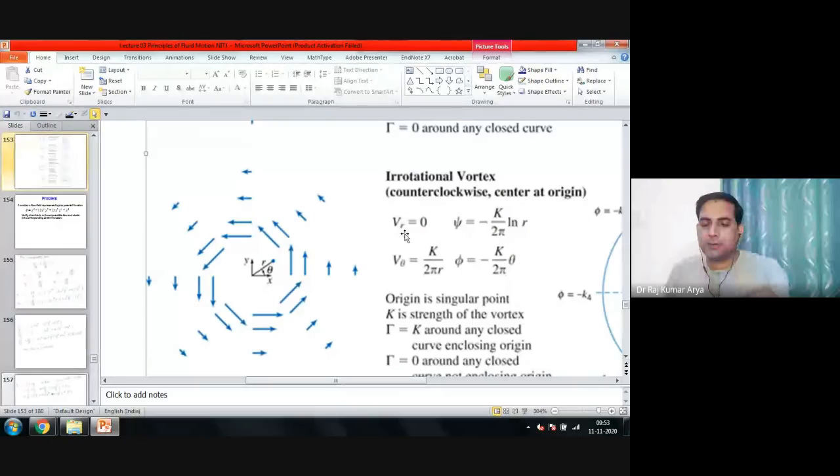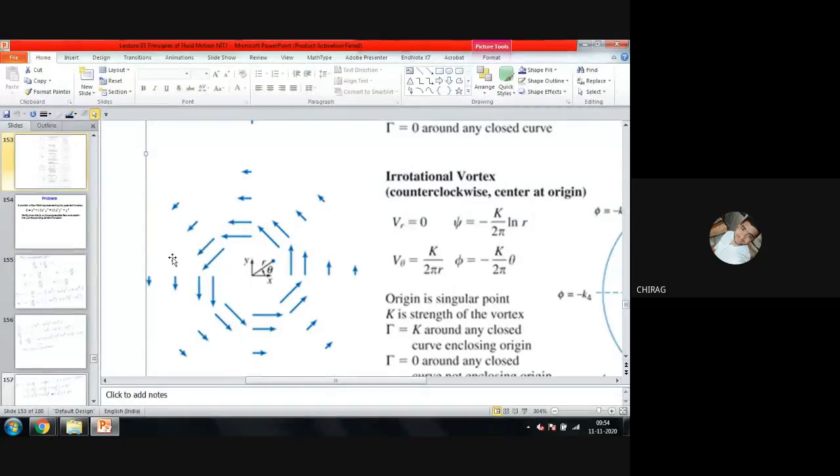Can you tell how you would calculate the velocity on the theta side? Can anyone calculate the velocity in a circular path? Have you heard the term V equal to R omega or not? Yes, sir.